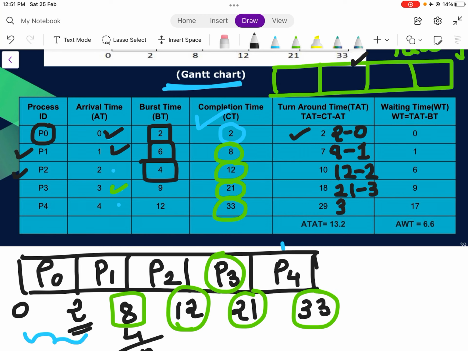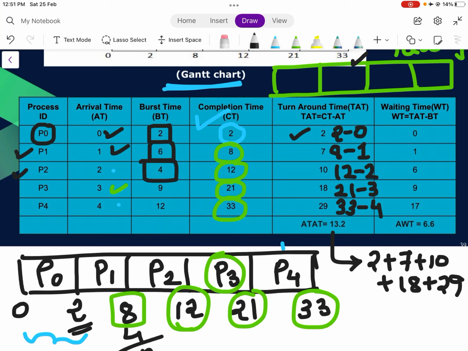And 33 minus 4 is 29. So when you add this, 2 plus 7 plus 10 plus 18 plus 29, divided by 5, you get 13.2 as the average turnaround time.